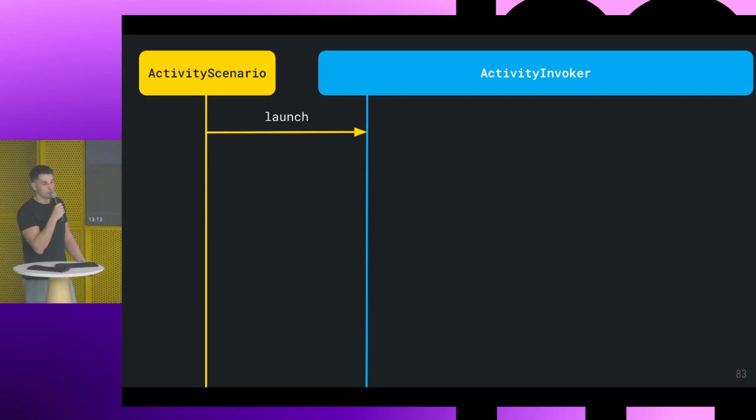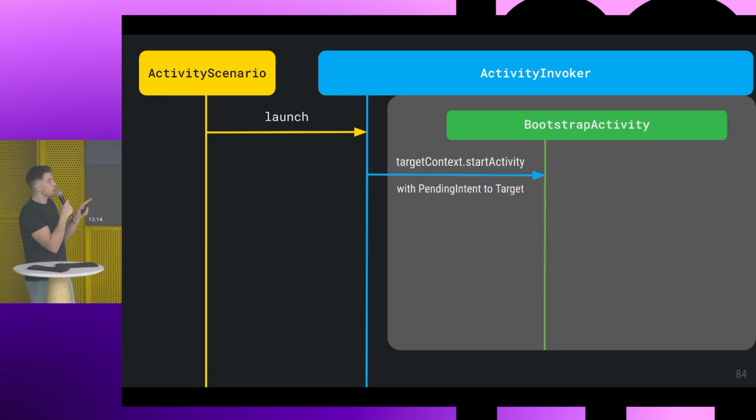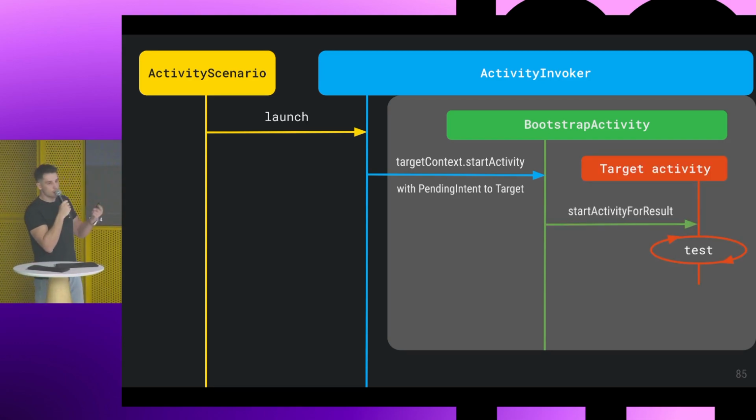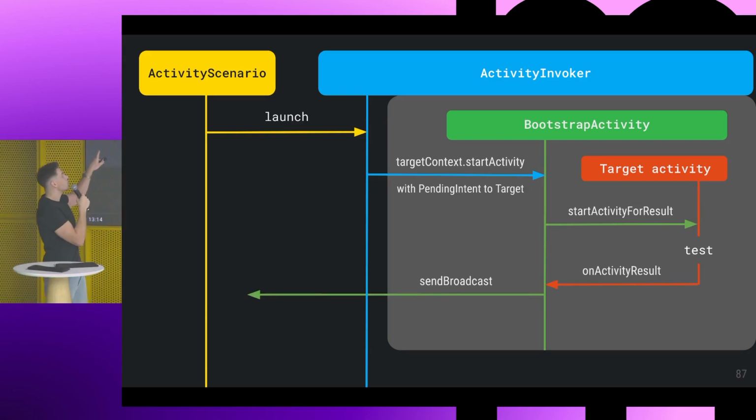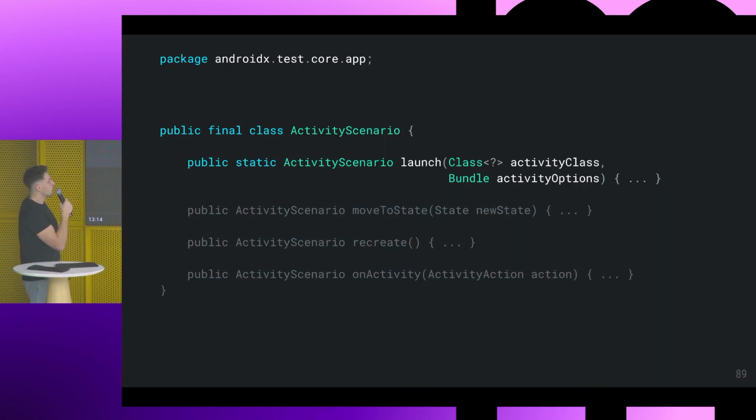It uses an abstraction called ActivityInvoker that is able to open your activities in a new process. It is done for safety's sake. It just uses our test APK context to start the activity. It uses a bootstrap activity to start the target activity. And when your test finishes, the bootstrap activity just sends a broadcast to our host process and finishes itself.